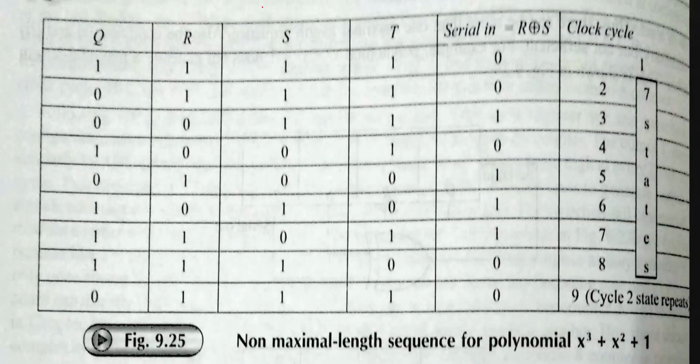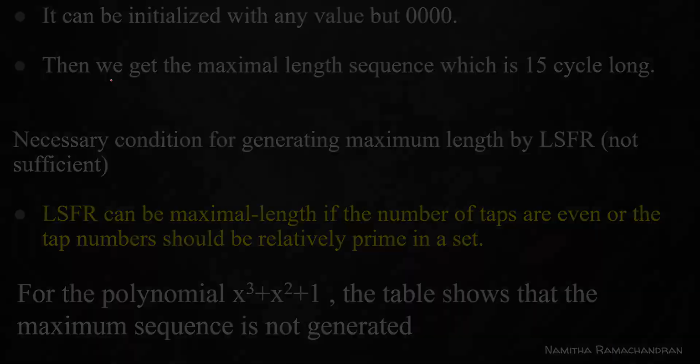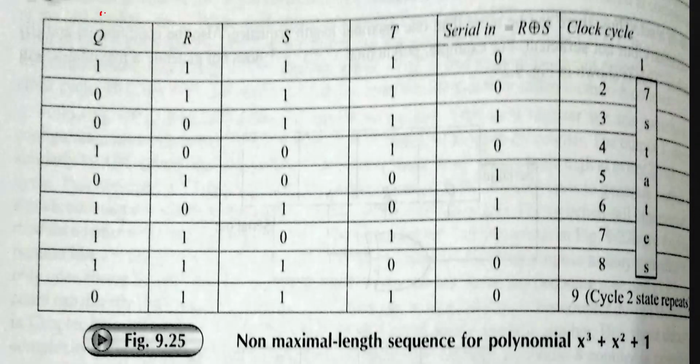Here we have x to the power 1, x square, x cube, and x to the power 4 as the flip-flop representation. Based on this polynomial, x to the power 3 and x to the power 2 form the XOR inputs, so here it is 1 1.